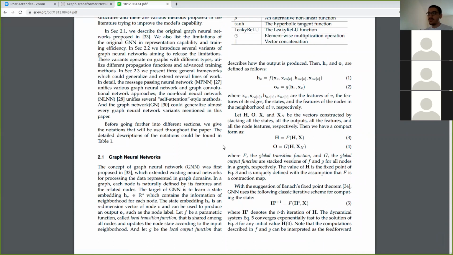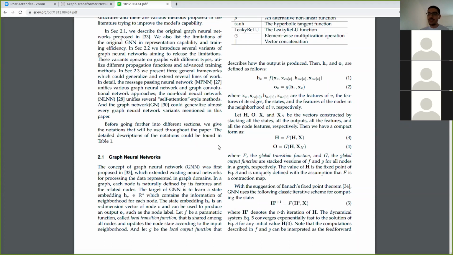Essentially you're embedding each node in some vector space, and you want to do that in a way that encodes information about where the node sits in the network and how the node relates to its neighbors and its neighbors' neighbors, and so on.